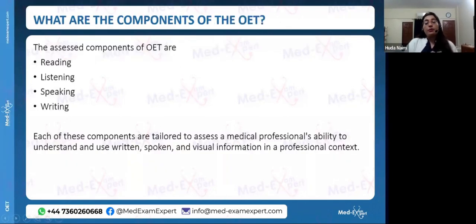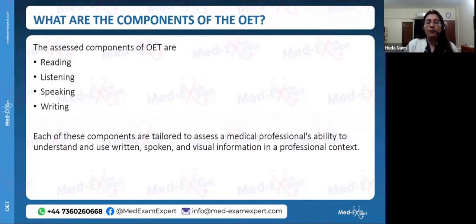Now, the third most frequently asked question is about the components of the OET exam. How will you be assessed for your English language proficiency? How will you be tested for your reading, listening, speaking, and writing? There are 4 basic components of the OET exam, and you will be tested for reading, listening, speaking, and writing.